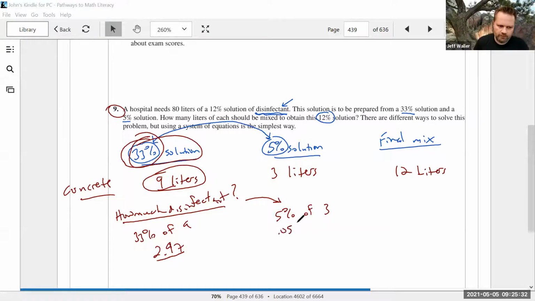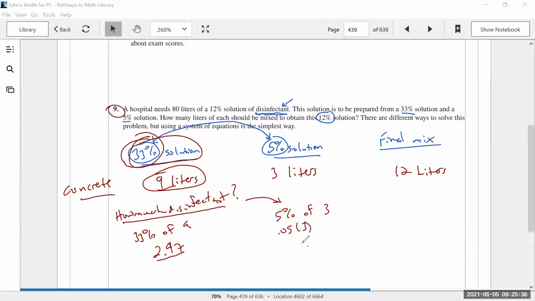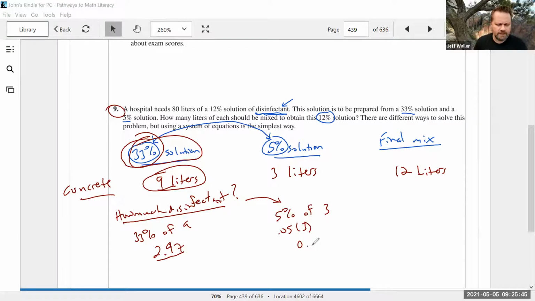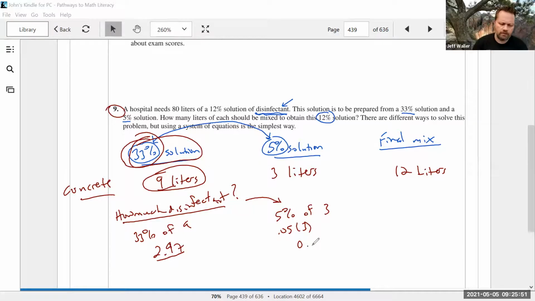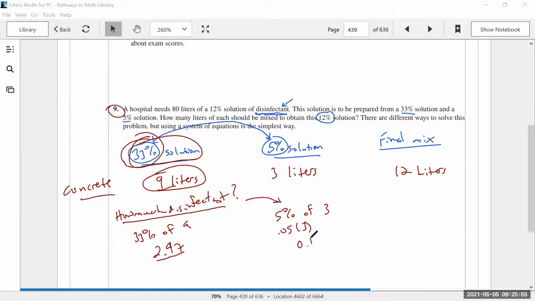So it'd be 0.05 times 3. Oh, I divided. Oh, okay. 0.15.